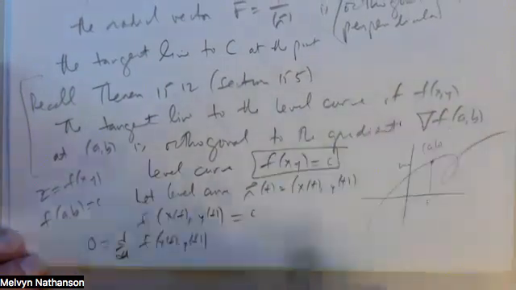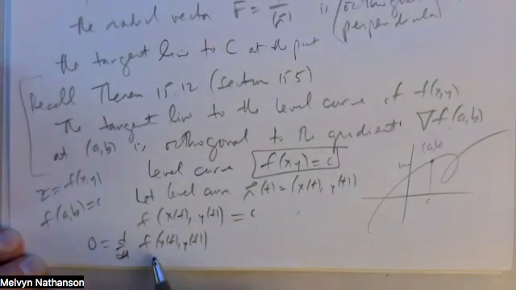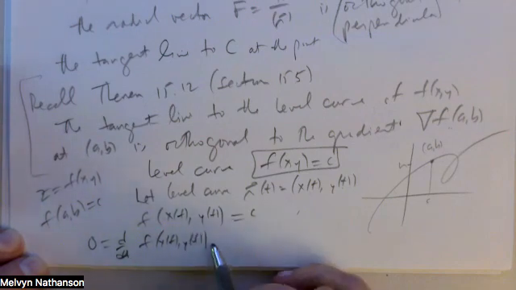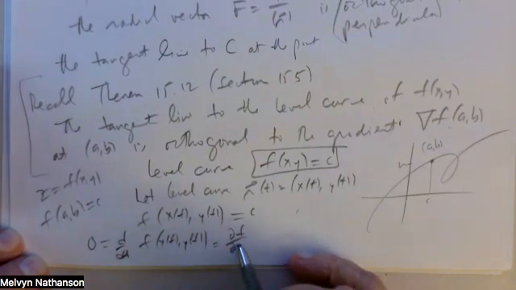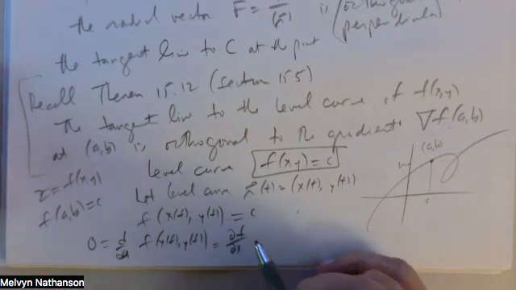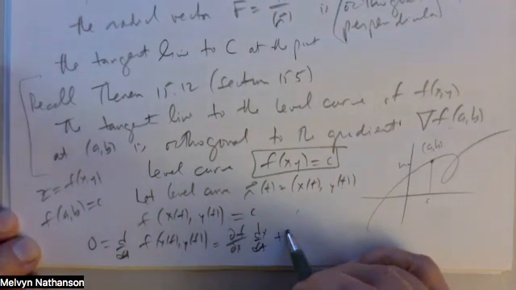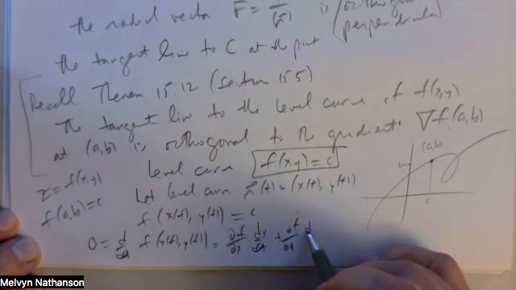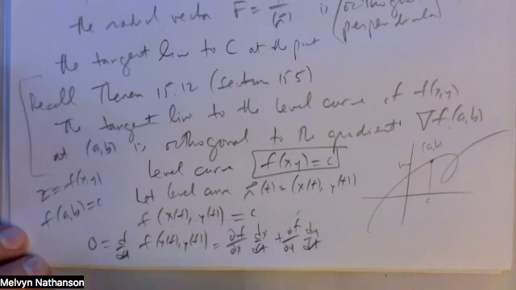So as a function of t, the function is constant. A constant function has derivative 0. So the derivative with respect to t of f of x of t, y of t is equal to 0. But by the chain rule, the derivative of f of x of t, y of t with respect to t is the partial of f with respect to x times dx dt plus the partial of f with respect to y times dy dt.